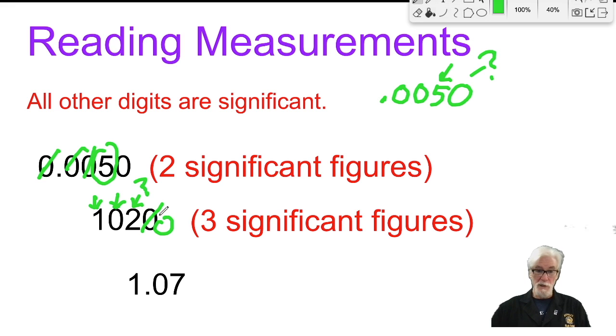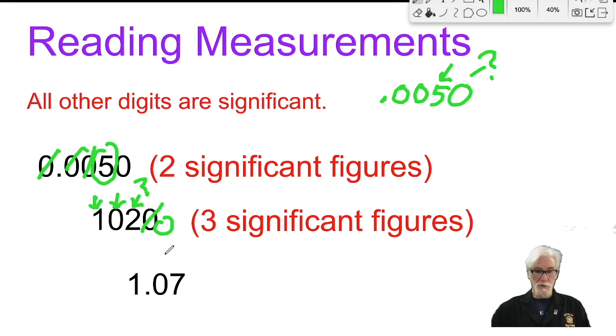And so the ones place is just a 0 that holds that place. Because again, 102 is a different number than 1,020. So the 0 is necessary to be there, but it's not a significant part of the measurement. And only the 3 significant figures to the left count in the measurement.